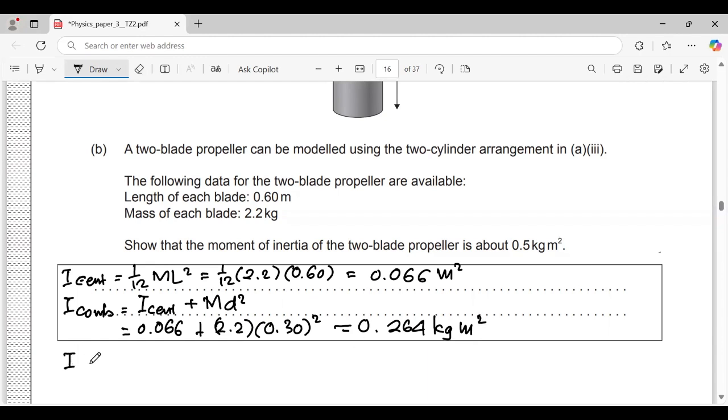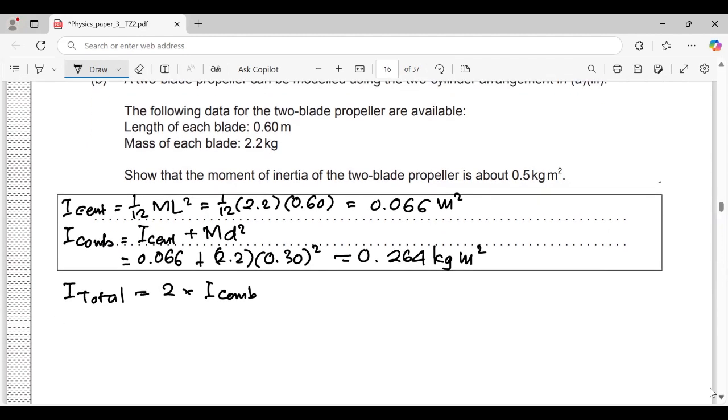And moment of inertia total is equal to 2 times the combined moment of inertia. I need more space.